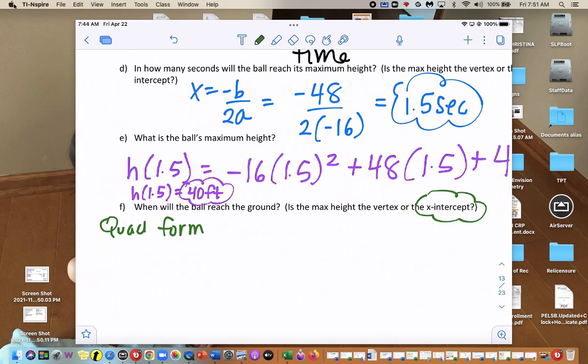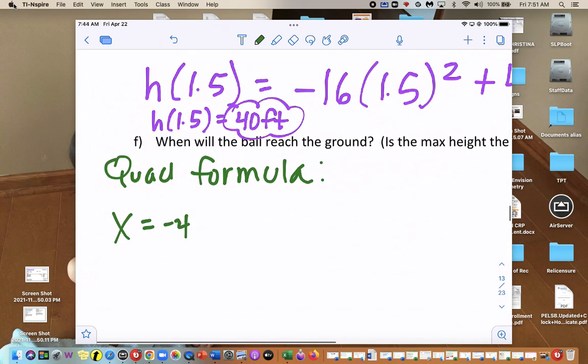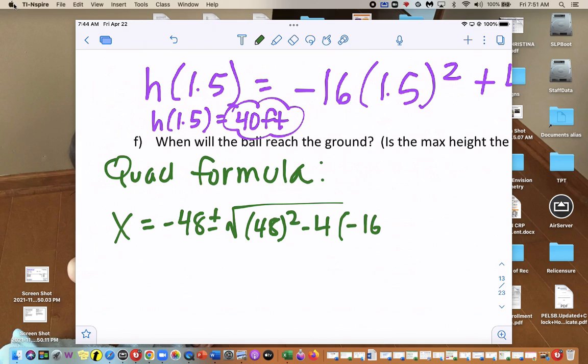So x equals opposite b. And what was b again? It was 48, so negative 48 plus or minus the square root of b squared minus 4 times a times c all over 2a.